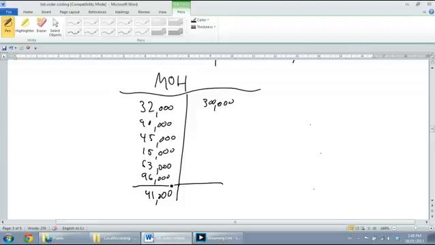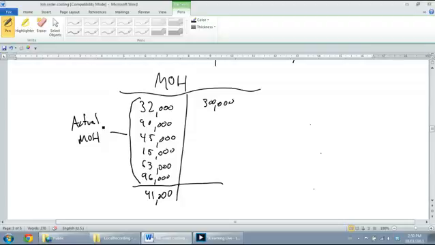So I've done the work here of figuring out if overhead is over-applied or under-applied, but I haven't explained anything. So let's see if we can understand what's going on here. The left-hand side of our T account represents our actual overhead. These are the things that actually happened, the bills that came in for indirect materials, indirect labor, and other types of overhead like our factory rent and things like that.